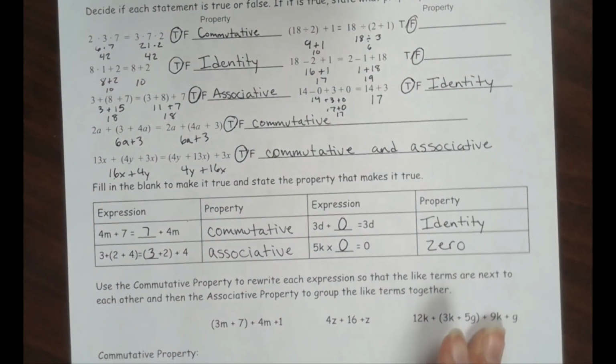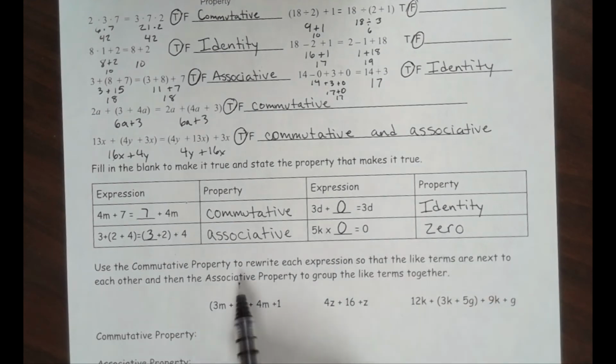Alright, down here says use the commutative property to rewrite each expression so that the like terms are next to each other, and then the associative property to group the like terms together. So, commutative property, if I want to put like terms next to each other, this is all addition. So using the commutative property means to move the terms around.